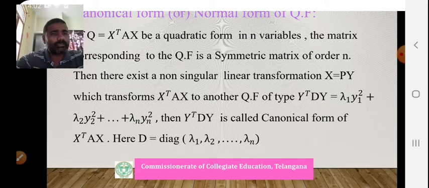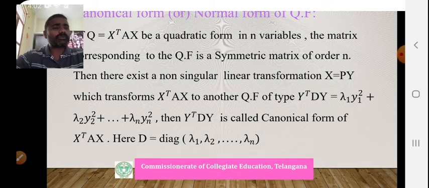For 3 by 3, 3 plus 3, 6 terms. For 3 by 3, we get only 3 terms, lambda 1, lambda 2, lambda 3, for the normal form. For the original quadratic form, there are 3 diagonal elements, and the 3 elements above or 3 elements below are the same. That's why the terms will be 3 plus 3, 6 terms only. If it is 4 by 4, 10 terms.